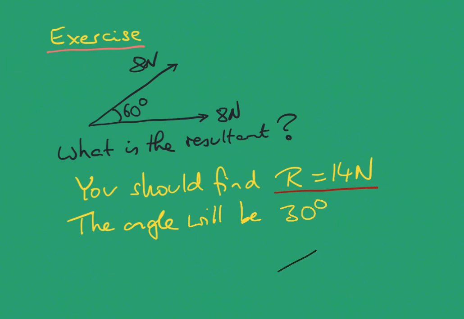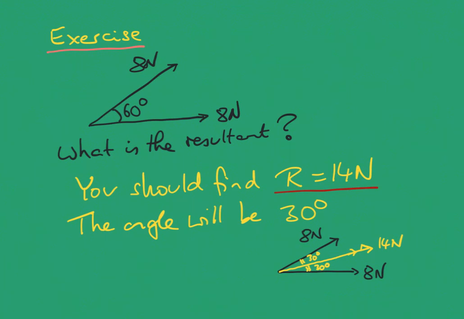So we have, just to draw the picture, 8 newtons, 8 newtons, and the resultant force will bisect the middle. Let me draw it a little bit larger, it will be 14 newtons long, and the angle here will be 30 degrees. The angle here will also be 30 degrees. So that's the answer to this problem.